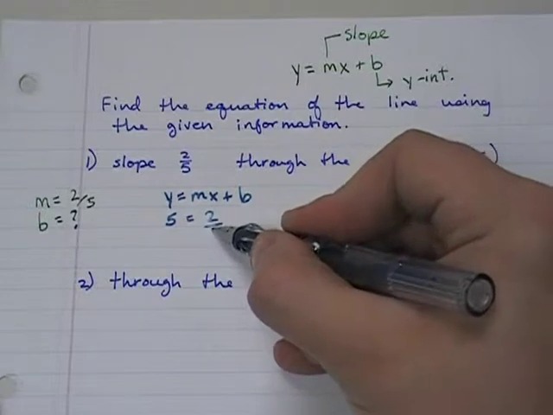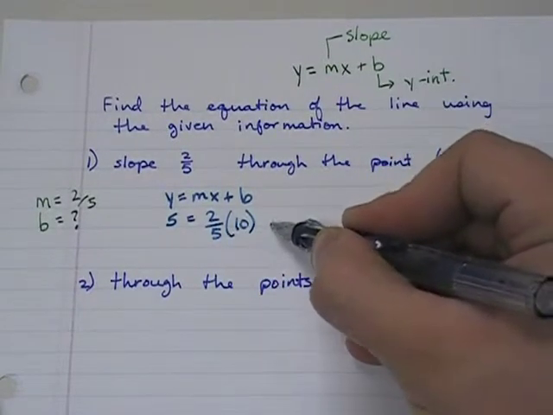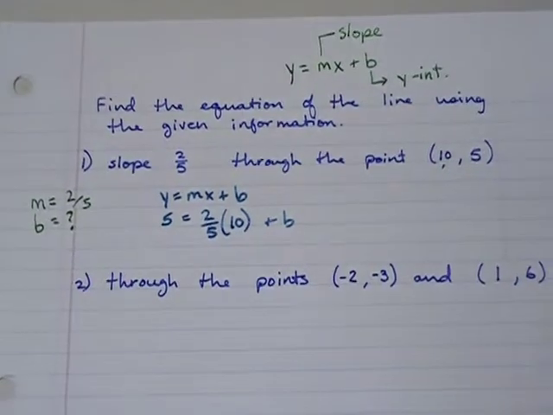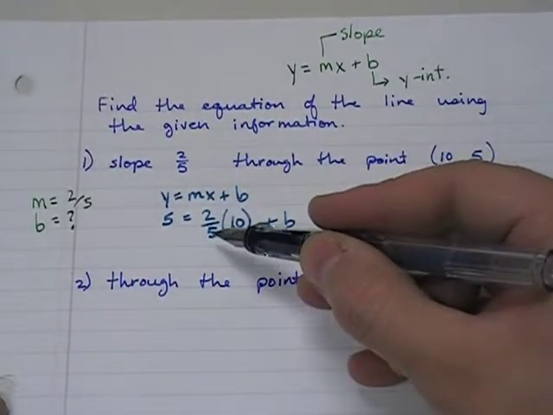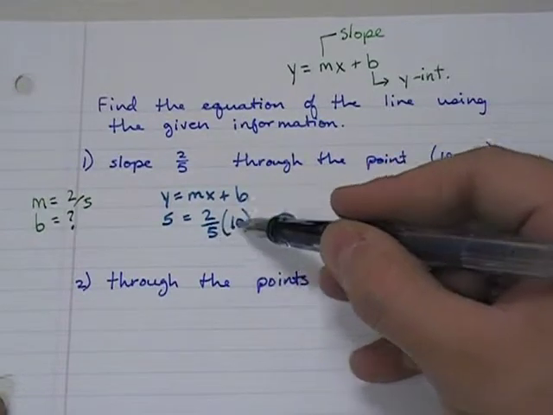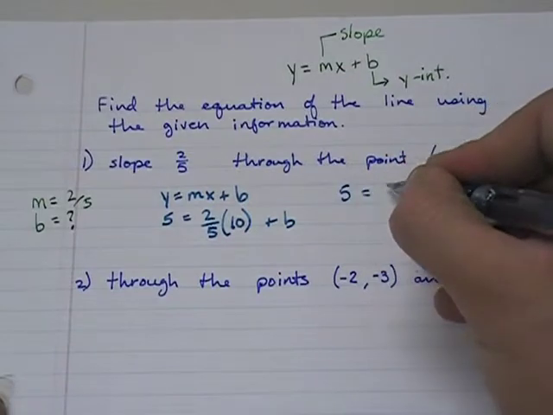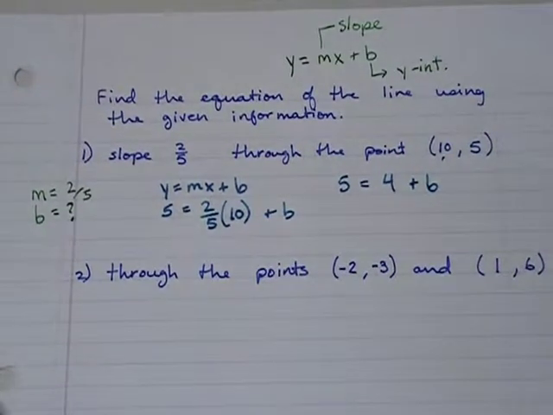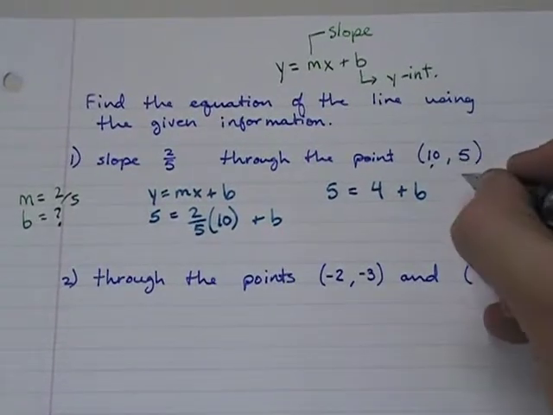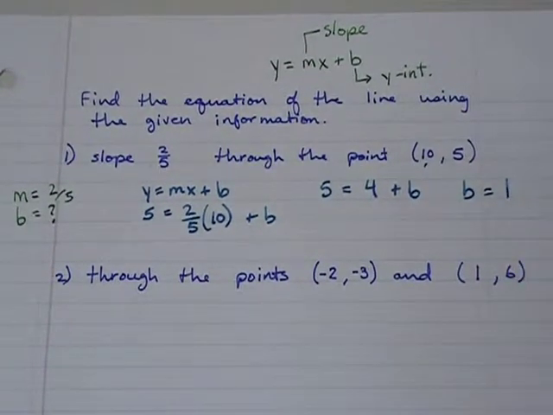M is 2/5. X is 10. And then b. Well, what is 2/5 times 10? 2/5 times 10 is 4. So I get 5 equals 4 plus b. And you can finish solving this, or you can very simply infer that the answer is b equals 1.